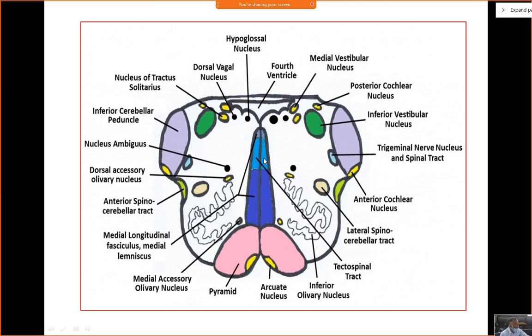So suppose on the right side the medial lemniscus is affected, then what will happen? Ultimately the fibers of the inferior surface of the cerebellum get involved, and if the right side inferior cerebellar surface is damaged, then what will happen?